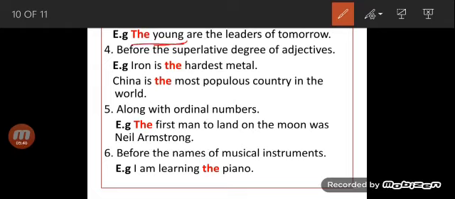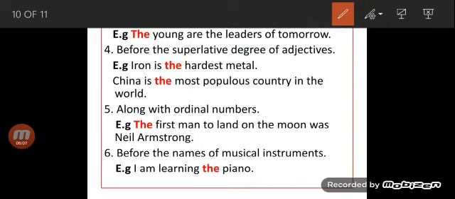Here young means young people, the young generation. So here young is an adjective which is used as a noun in the sentence. In that case we use article the.